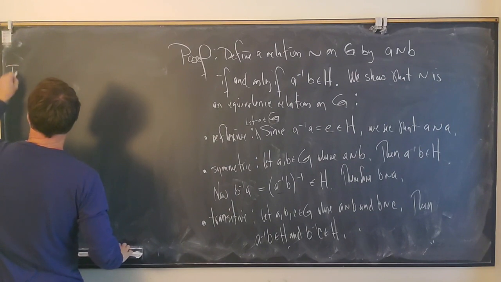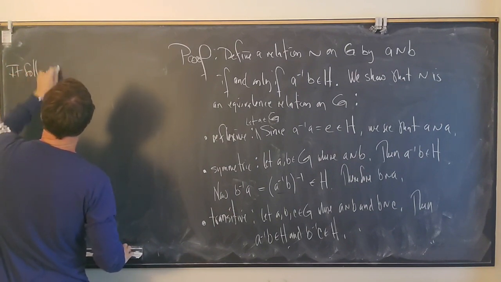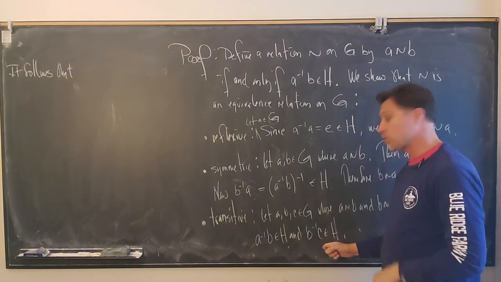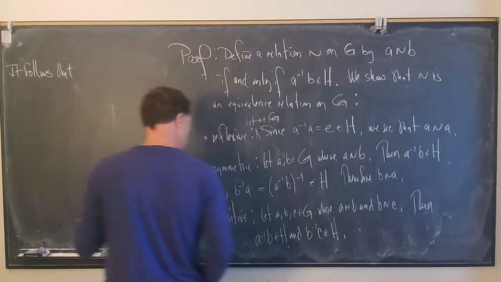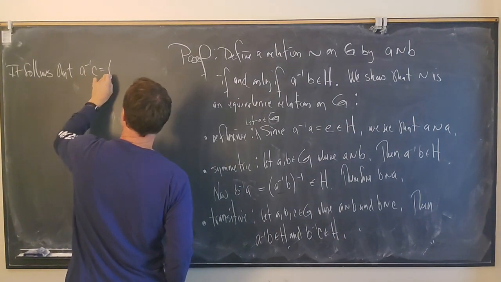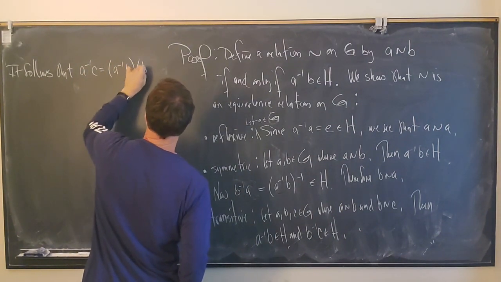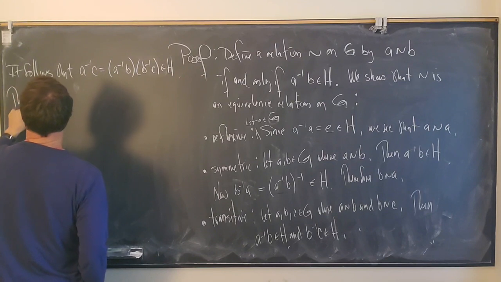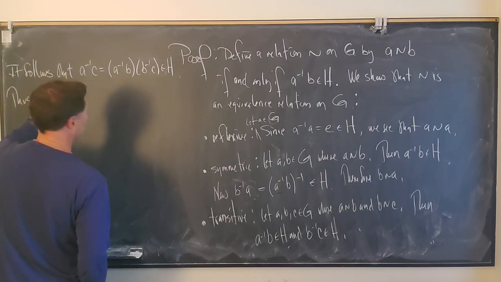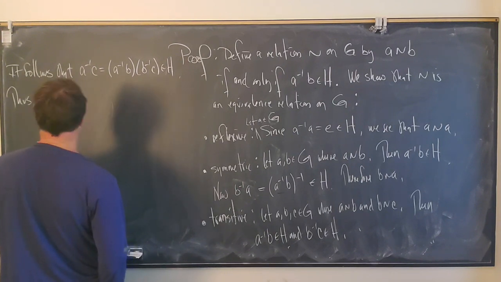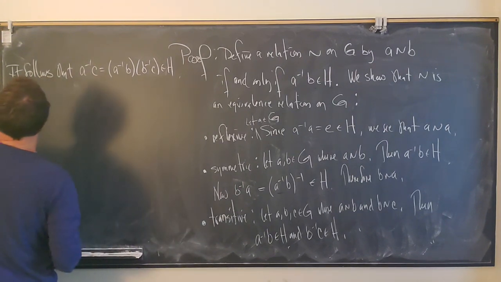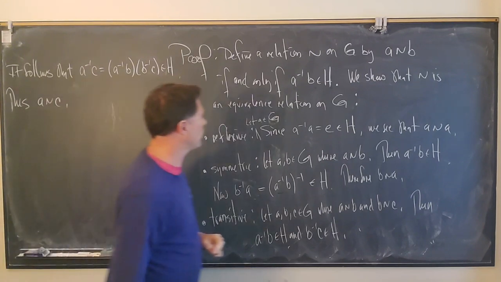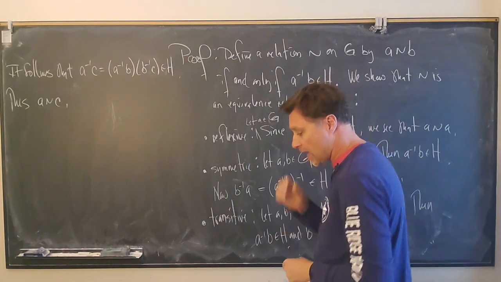So if I multiply this element of H times this element of H, we get an element of H. So it follows that A inverse C, which is A inverse B times B inverse C, is an element of H. Thus, A tilde C. So we've shown that we've got an equivalence relation on G.